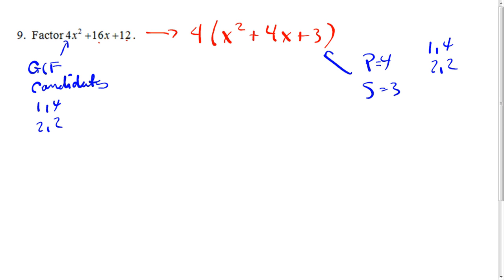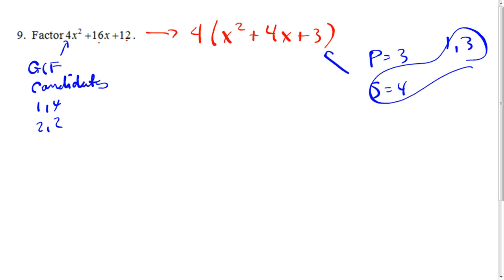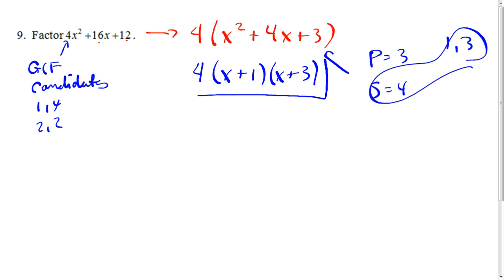Oops, wrong. Mr. Hayes, just seeing if you're paying attention. No. Product equals 3, sum equals 4. So 1 and 3, only ones that work. So this is going to break down into your final answer. Now notice the 4 is still hanging out there, just like your little brother.